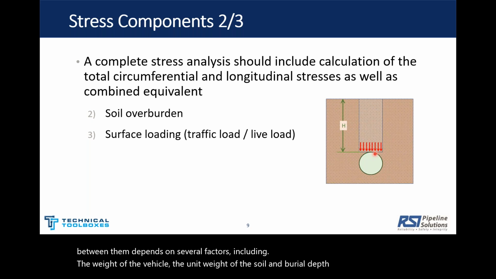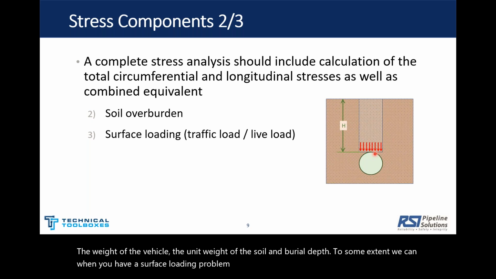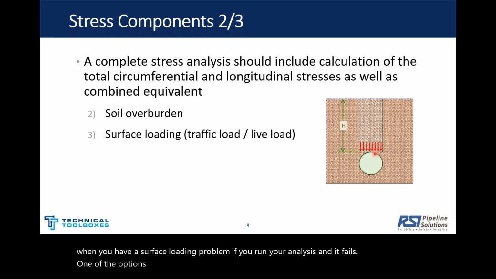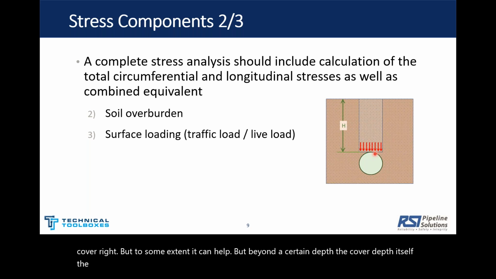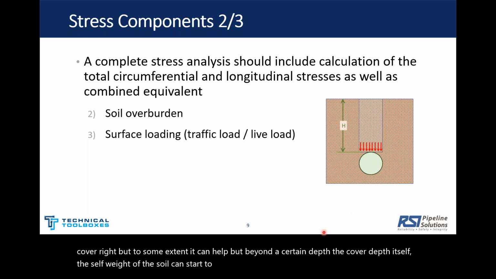When you have a surface loading problem, if you run your analysis and it fails, one of the options is to simply increase your cover depth by adding to the soil cover, right? To some extent, it can help. But beyond a certain depth, the self weight of the soil can start to cause problems.